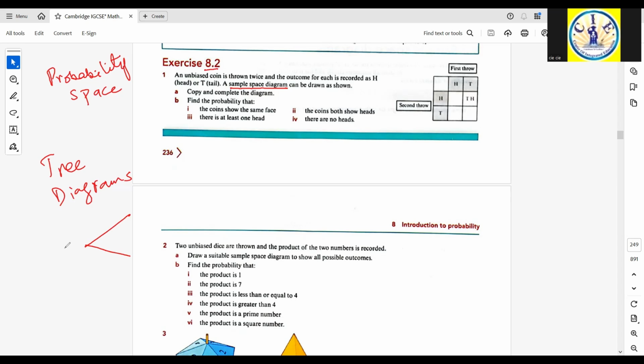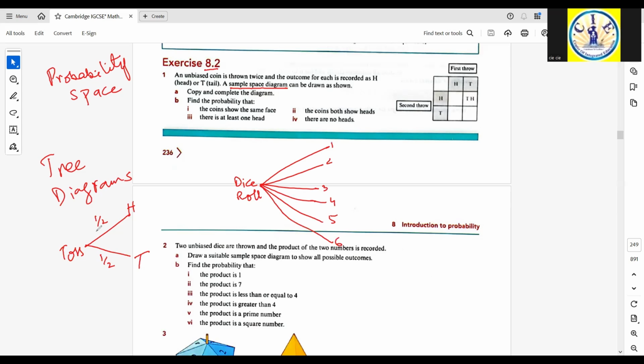Like this, for example, a coin toss. A coin is tossed and either you get a head or you get a tail. The probability of getting a head is 1 by 2 and the probability of getting a tail is again 1 by 2. And if I give you an example of a dice roll, its tree diagram is going to be either you are going to get a 1 or 2 or 3 or 4 or 5 or 6.